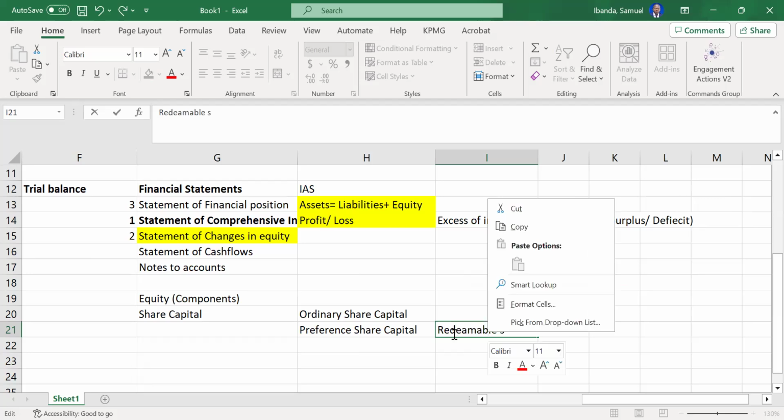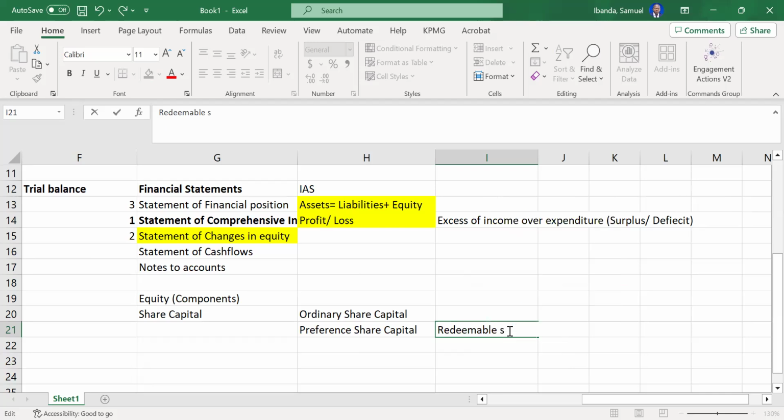We have redeemable. The word redeemable is double E, redeemable share capital. We also have what is called irredeemable share capital.